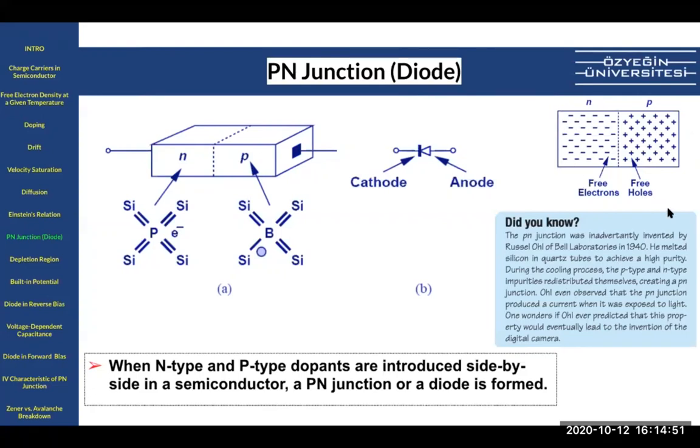And the p-n junction was invented in 1940, and actually the guy, Russell Ohl, melted the silicon to achieve a high purity. And when he was cooling it, he realized that p-type and n-type impurities redistribute themselves, creating a p-n junction. So basically, somehow during the cooling process, he was able to get this p-n junction.